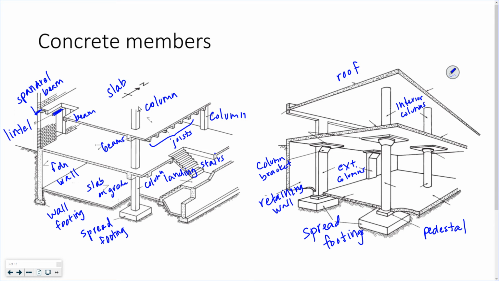Those are just drop panels, that's what those are. These square things right here, drop panels. Those are all like the drop panels and the pedestals at the bottom. They help spread out the load a little bit more so you don't have such a concentrated force from the column into the floor slab or roof slab.